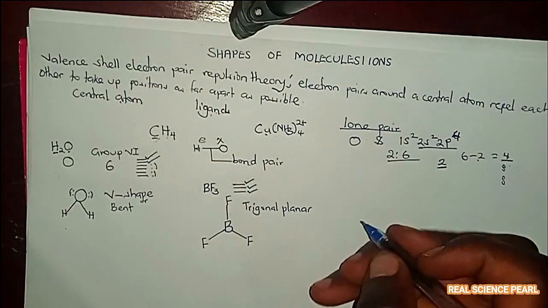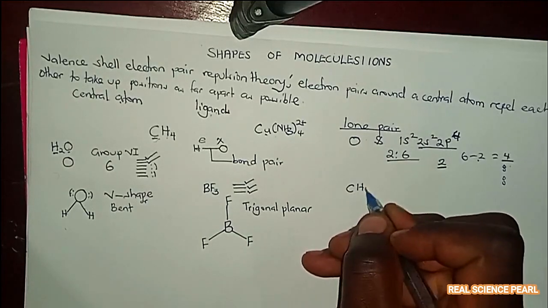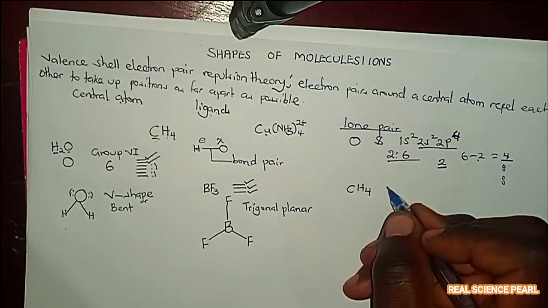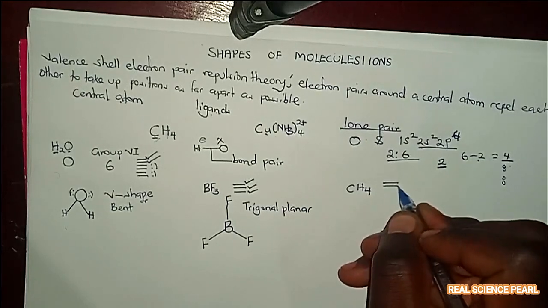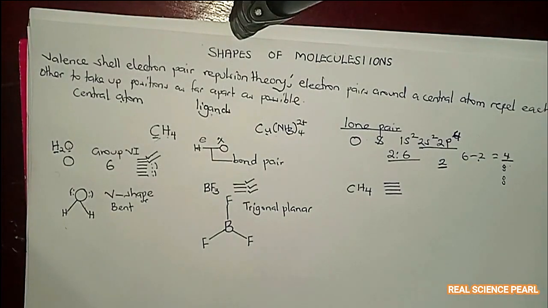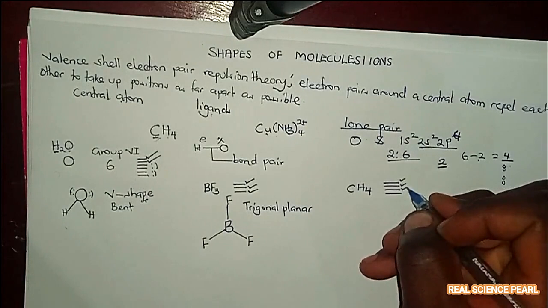Now let's have also another one. Let's sketch the shape of methane. Yes, carbon is in group 4, or the metalloids. Group 4 meaning they're having 4 electrons outermost, like that. Then hydrogen being in group 1 or group 7, valence 1, to bond with that, since there are 4, another one like that, like that, like that.